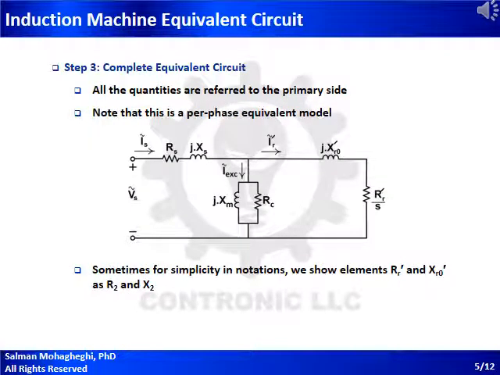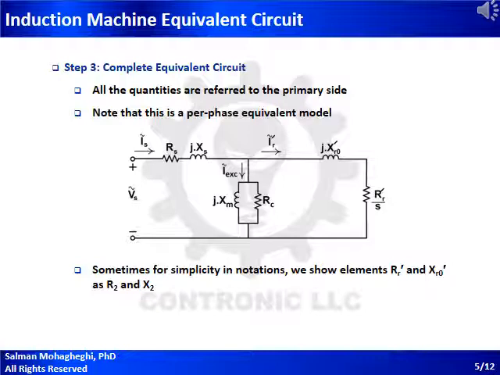The complete equivalent circuit is developed when I refer the rotor quantities to the stator side. Again, as I mentioned earlier, for simplicity I assumed that the turns ratio is 1. But in practice, the turns ratio is going to be something other than 1, meaning that when I refer quantities from the rotor side to the stator side, I have to add the primes. The full model is shown on this slide.